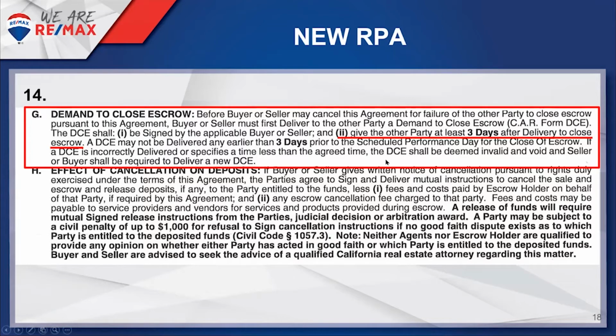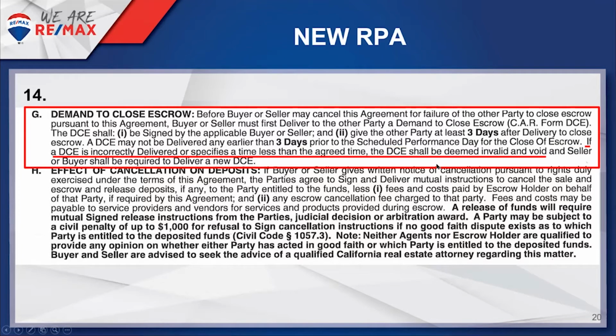So your notice to perform must give them at least 3 days, and therefore you cannot deliver it any earlier than 3 days prior to the performance of closing the escrow. So you can't give it a week ahead of time. You have to give it within that time frame. If you want them to close on time, give it to them 3 days early. If you wait until they don't close and then you give them a notice, you have to give them 3 days.